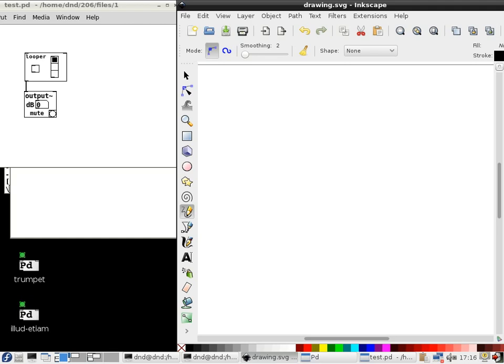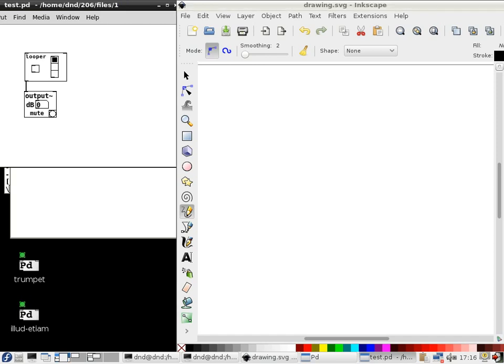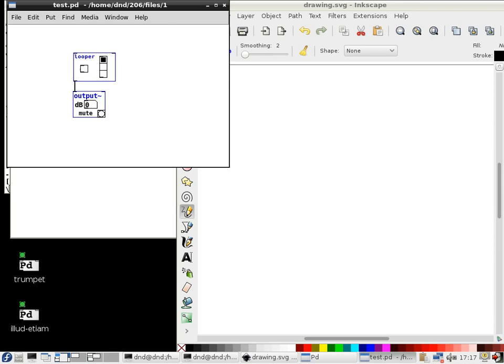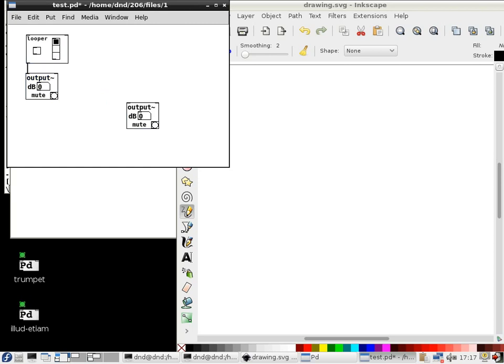All right, so here's the thing about distortion. First I'm going to show it to you, and then I'm going to try to explain what just happened. I'm not going to use the looper just yet. I'm just going to get another output generator, make a sinusoid, OSC, and 110.